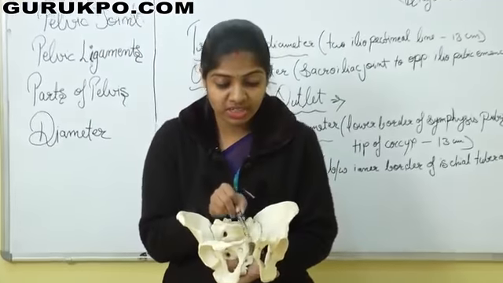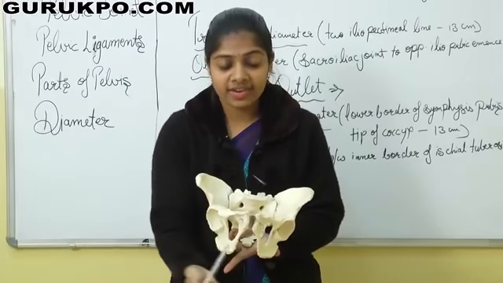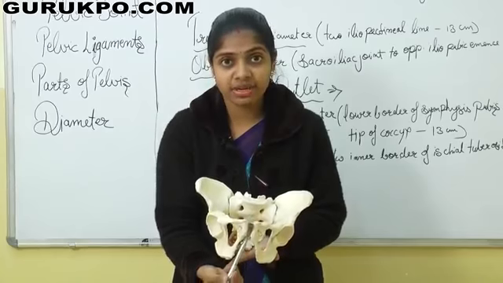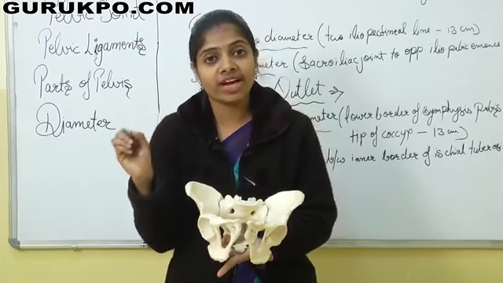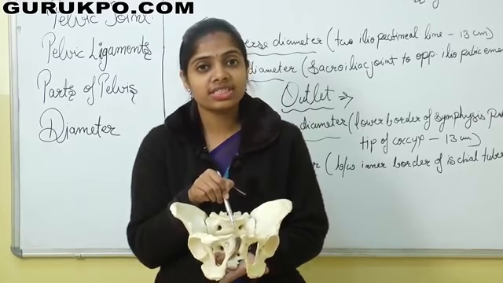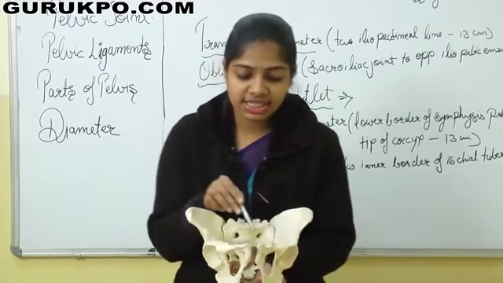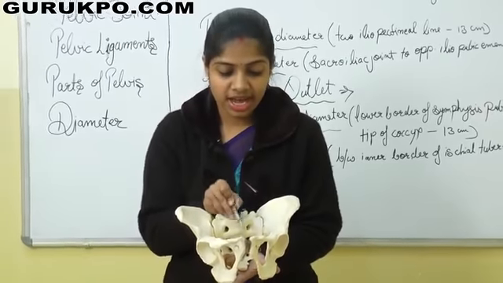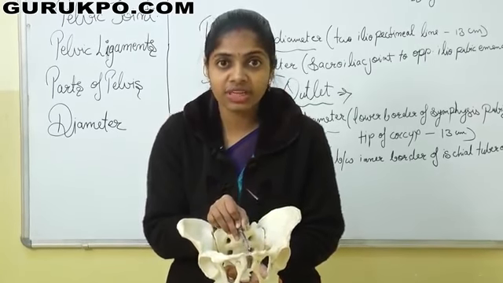Now how will you measure this diameter? As I told you, we can only measure the diagonal diameter. If we subtract 1.5 to 2 centimeter, we will get this obstetric diameter, which is 10 centimeter. So this is the anterior posterior diameter of the brim.